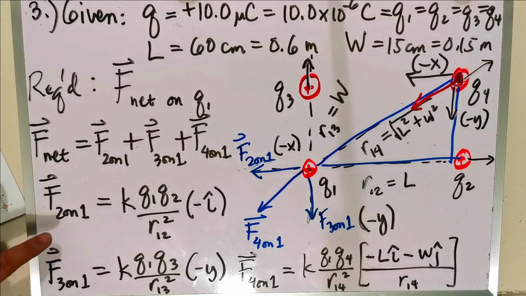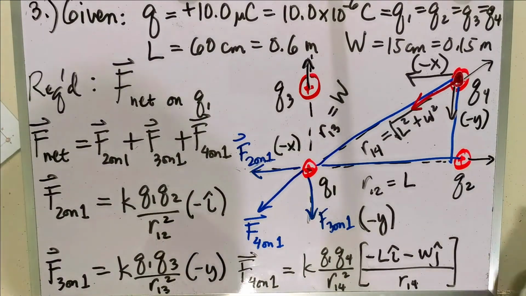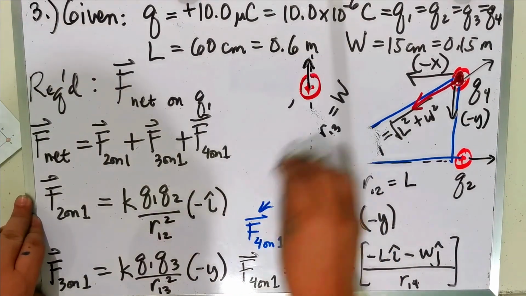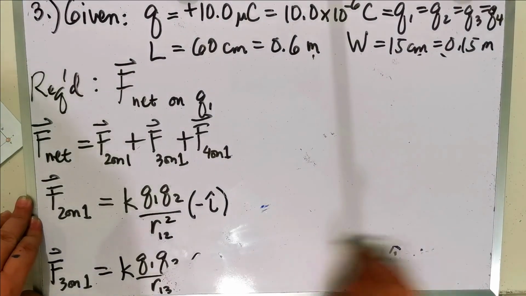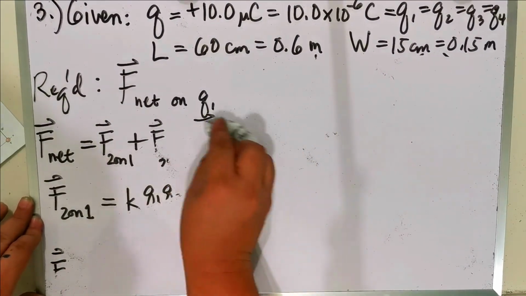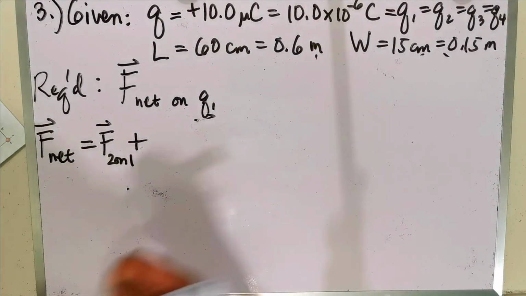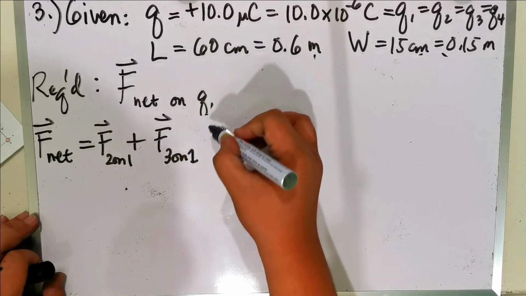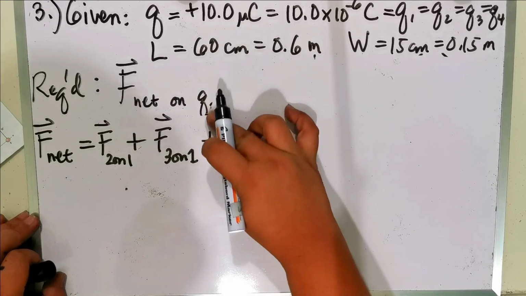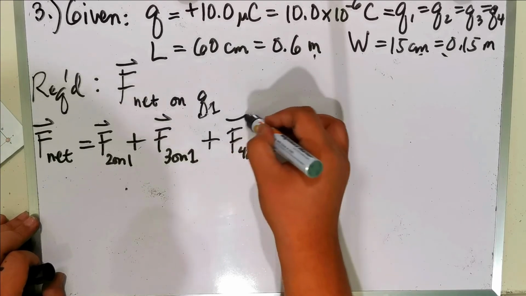So with these equations for F2 on 1, F3 on 1, and F4 on 1, we can now proceed to the final equation for the net force. So try to erase this first. So what we have then is F2 on 1 plus F3 on 1 plus F4 on 1.